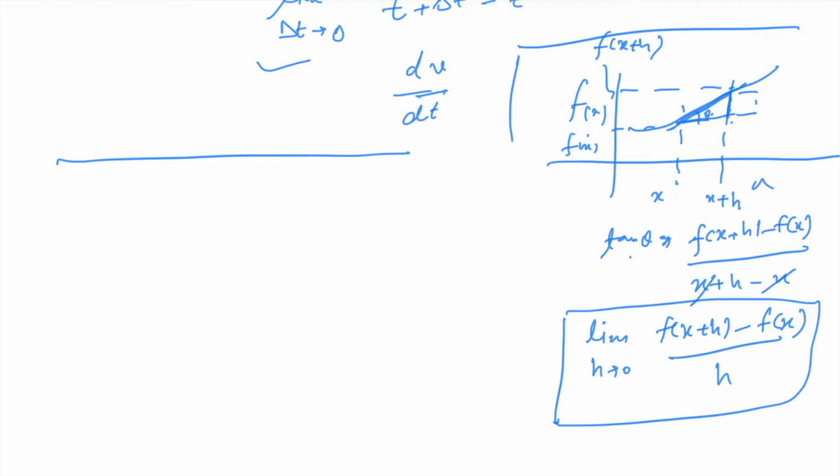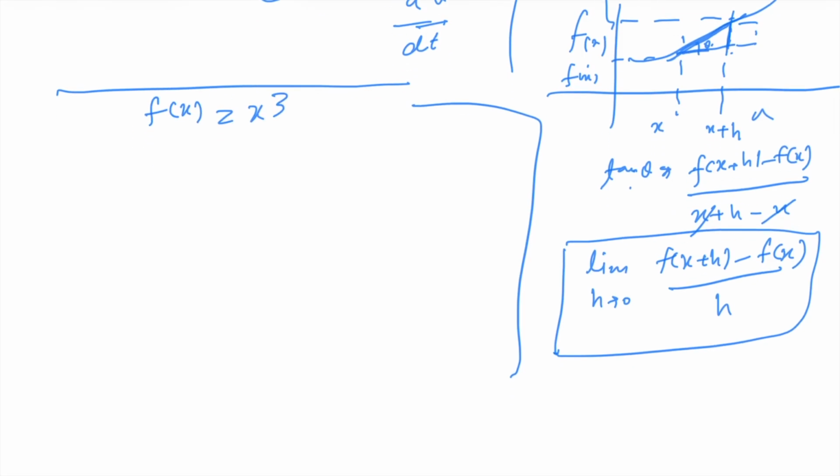Now, let's solve some derivatives using this formula, right? So we'll take, for example, x cube. We'll solve the derivation of this, how we arrived at the formulas we use in differentiation using first principle.